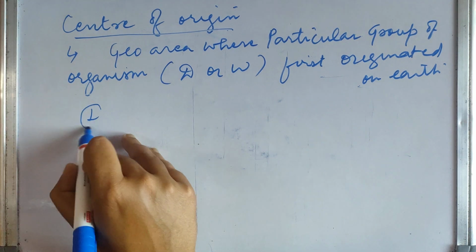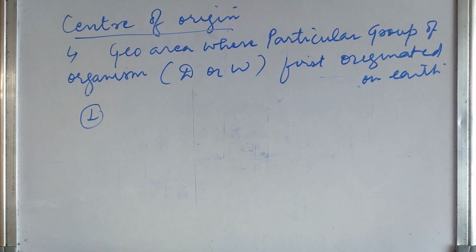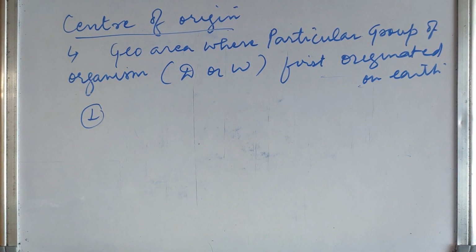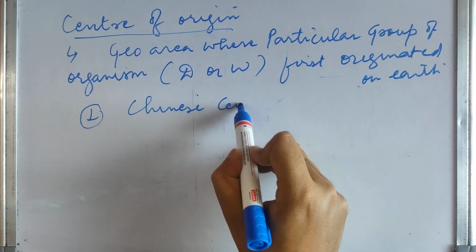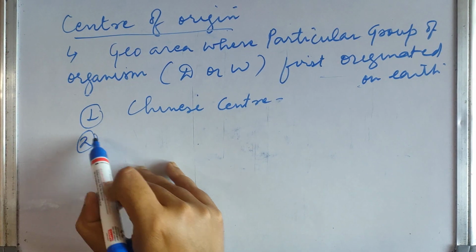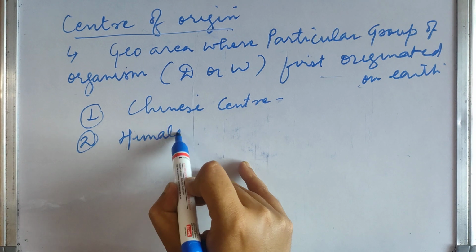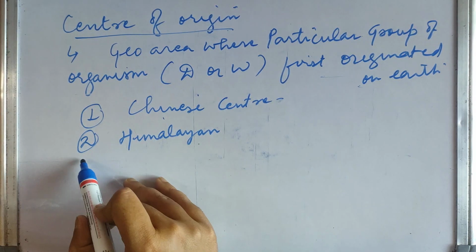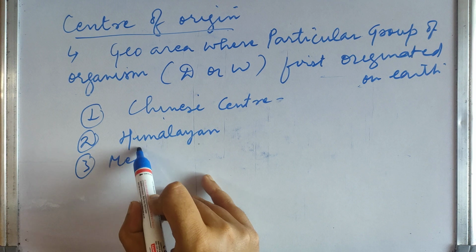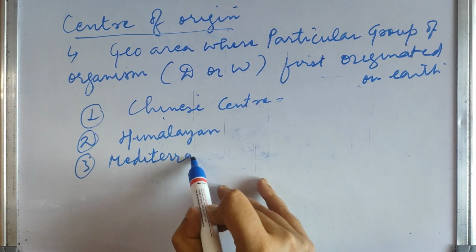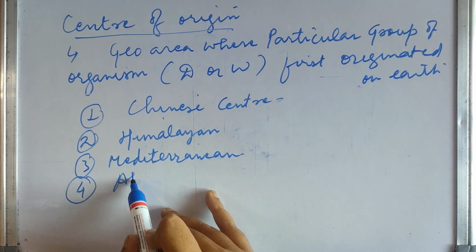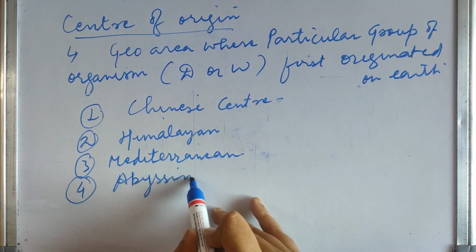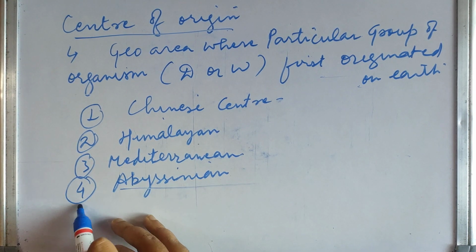So there are 8 major centers of origin of a particular species or group of organisms. The first one is Chinese center. Second is Himalayan center. Third is Mediterranean center. Fourth is Abyssinian center.